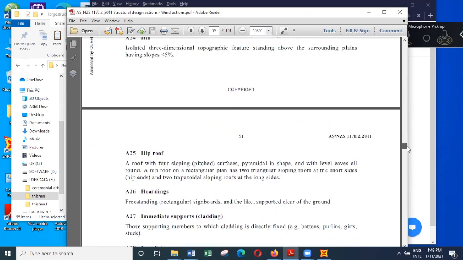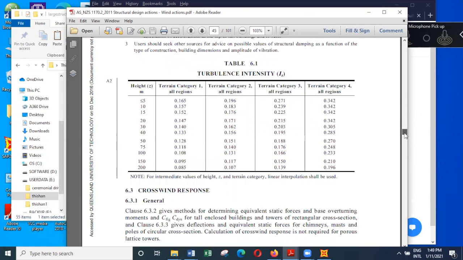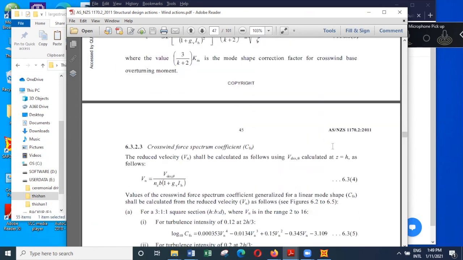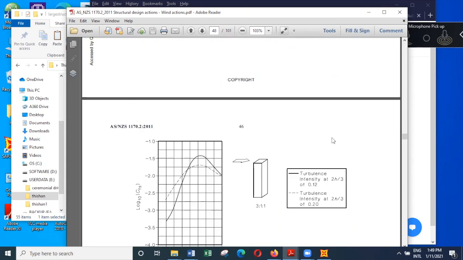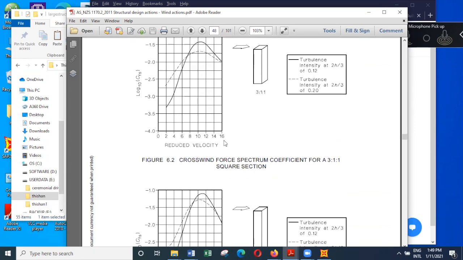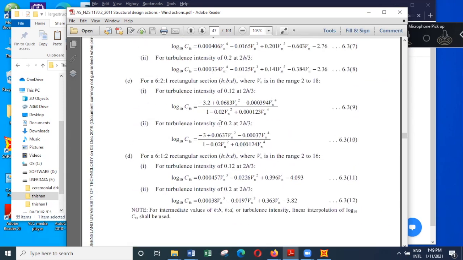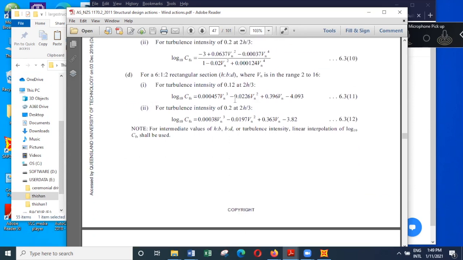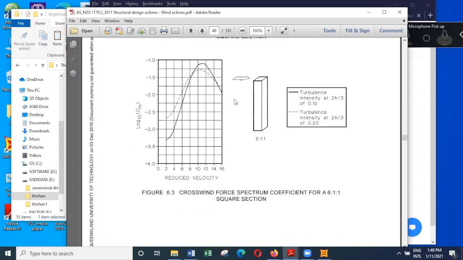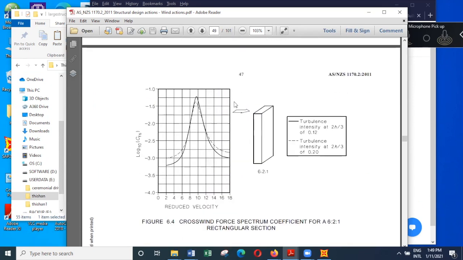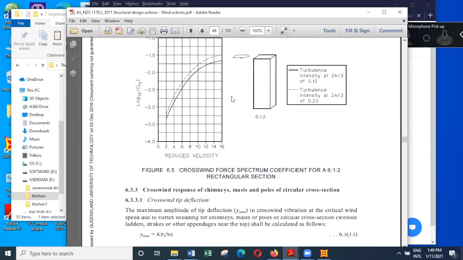And then there are a few equations to look for. All those equations have been converted to graphical form as well. So here you get long equations, but all those equations have been converted to graphical format like this. So you can just get the values from charts rather than doing all the calculations.